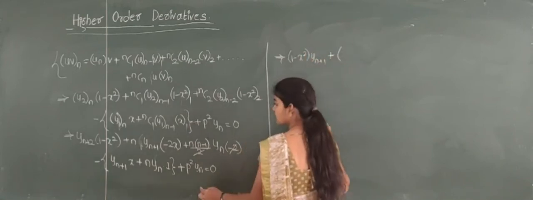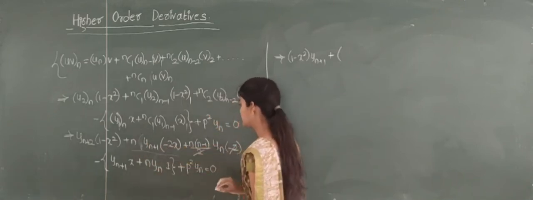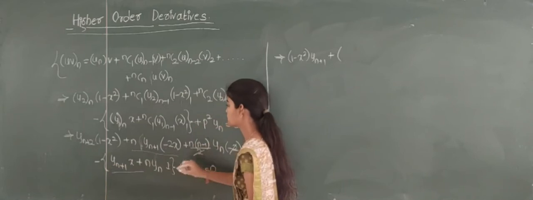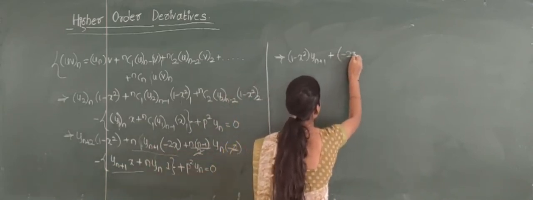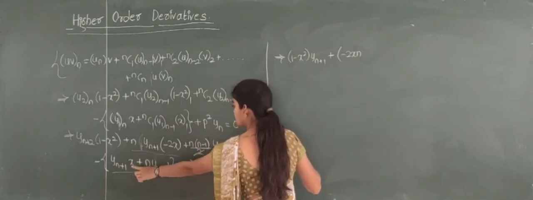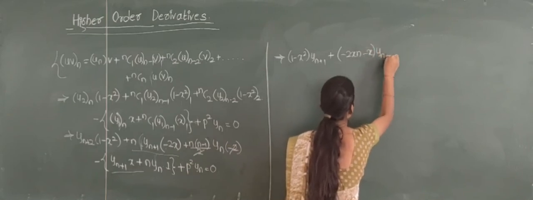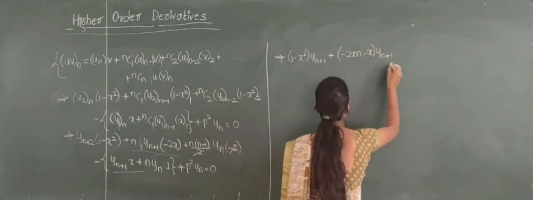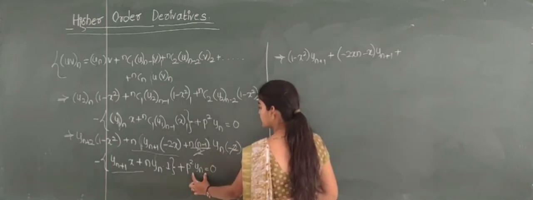Plus, in the bracket, with respect to y(n+1), here there is one term and again this one term. So what are those? Minus 2xn, minus 2xn, and here again minus x into y(n+1). Then plus, with respect to yn you have to take the terms.